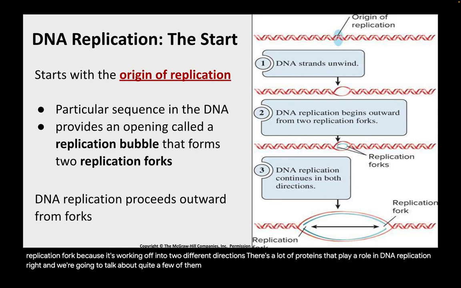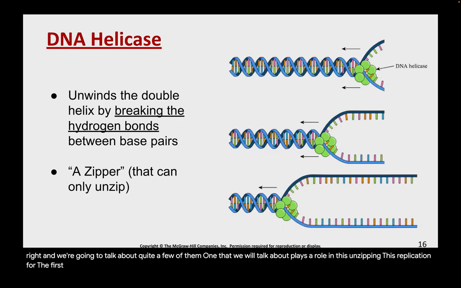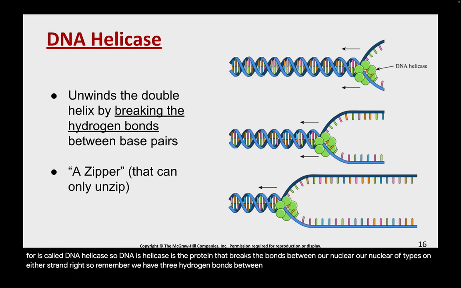The first one that we will talk about plays a role in this unzipping. It has a role at this replication fork. That first one is called DNA helicase. DNA helicase is the protein that breaks the bonds between our nucleotides on either strand. Remember, we have 3 hydrogen bonds between guanine and cytosine, 2 between adenine and thymine.